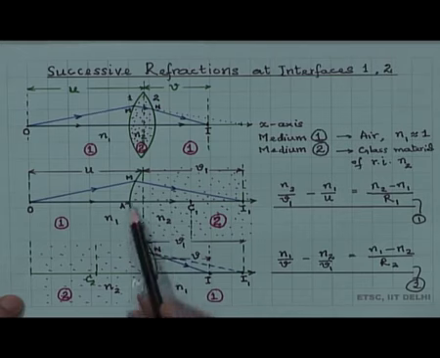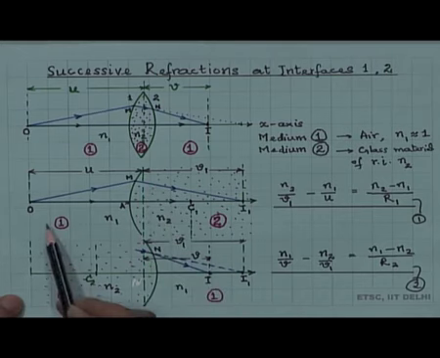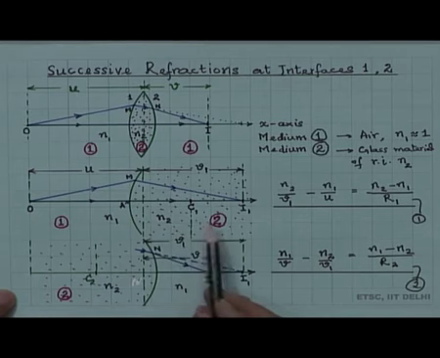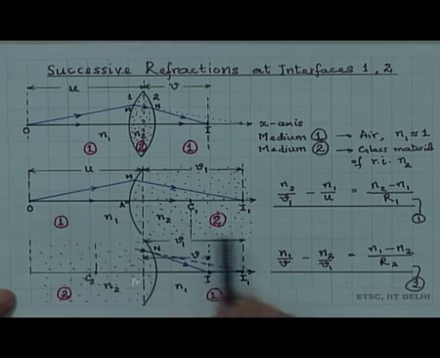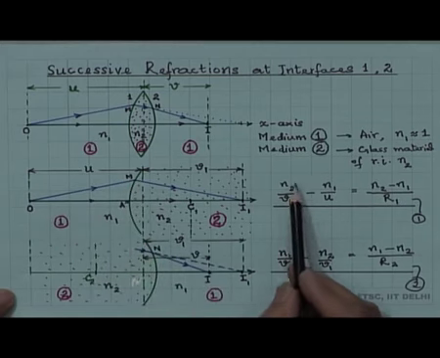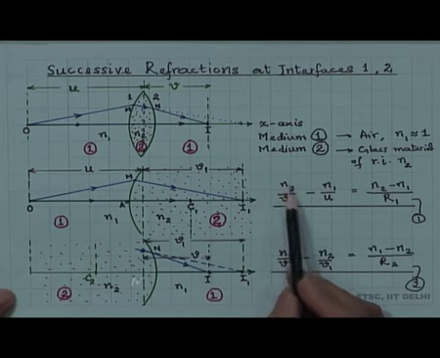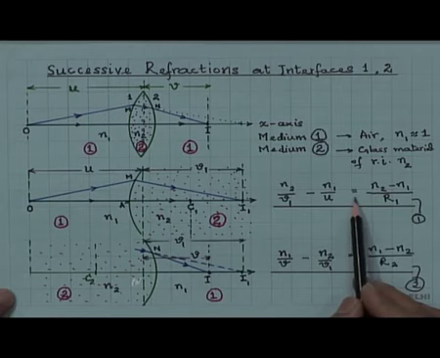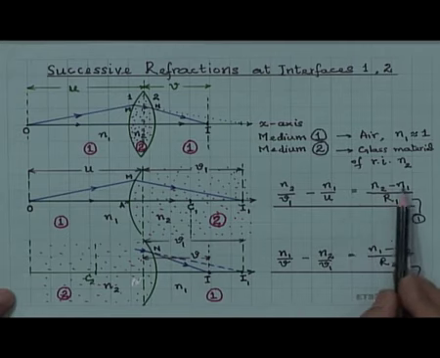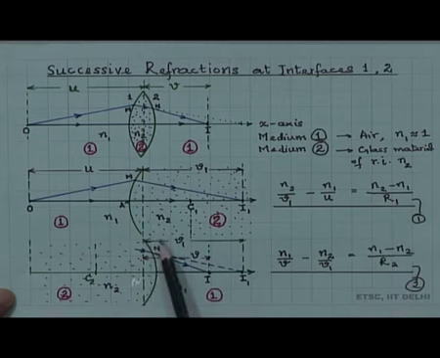The case of refraction at a single interface, first medium of refractive index n1, second medium of refractive index n2 and radius of curvature r1 here. Then we have this equation that refractive index of the second medium divided by the image distance here minus refractive index of the first medium by the object distance is equal to the refractive index difference divided by radius of curvature of the spherical surface.